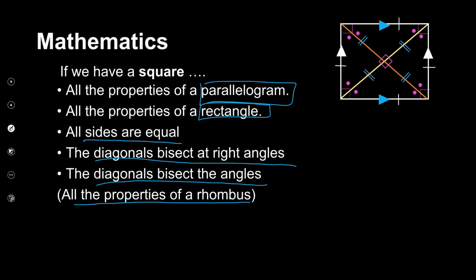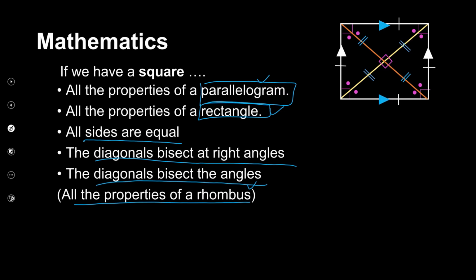So now, this is a very interesting type of quadrilateral, because all three quadrilaterals that we've mentioned hold in a square. So a square can be a parallelogram, can be a rectangle, can also be a rhombus. But why do we call it a square then? And I'm conflicted now.